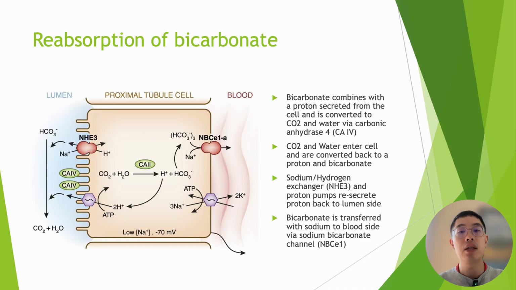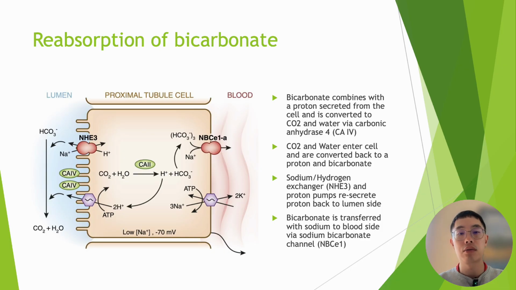This enzymatic activity lowers the carbon dioxide concentration in the cell that allows for more diffusion of carbon dioxide from the luminal space. Next, the bicarbonate anion then exits the cell into the blood space via the sodium bicarbonate transporter, or NBCE1.